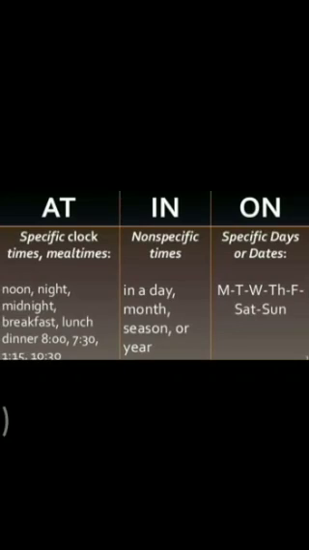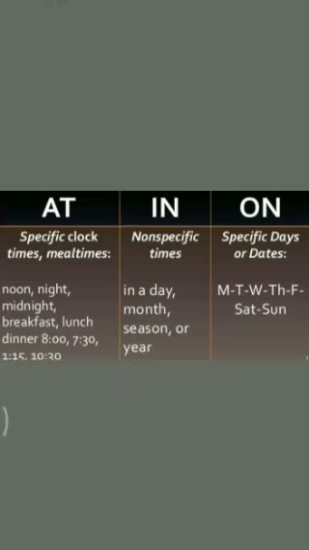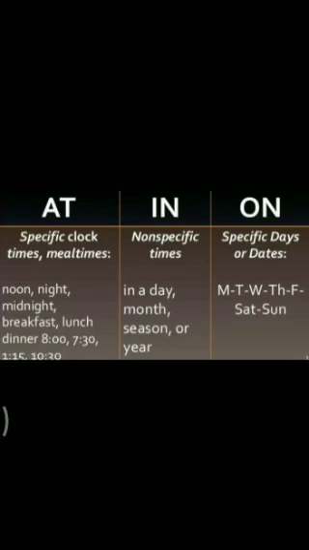Then we have three kinds of prepositions to tell time: at, in, on. For specific clock times or meal times, we use at: noon, night, midnight, breakfast, lunch, dinner, 8, 7:30, 1:15, 10:30.